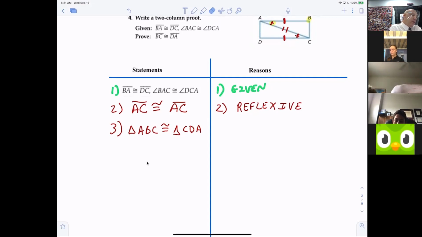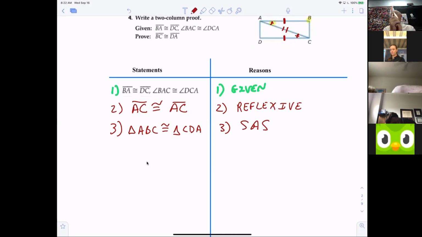All right, so 3, what did we say 3 was again? Side, angle, side. Now are the triangles congruent? Yes, so what's true about all of the parts? They are also congruent. Once you prove the triangles are congruent, the remaining corresponding parts are also what?